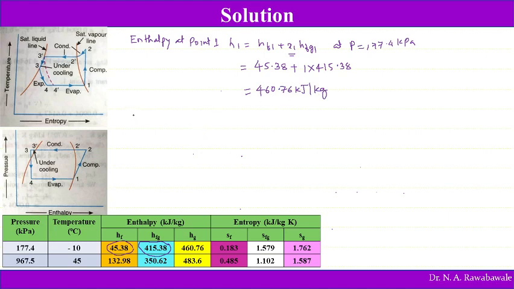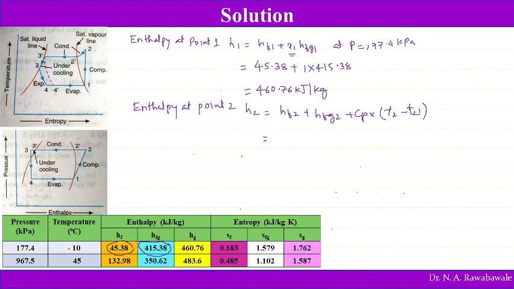To find enthalpy at point 2, H2 is equal to HF2 plus HFG2 plus Cp into (T2 minus T2 dash). It can be taken in degrees Celsius or Kelvin, it makes no difference.